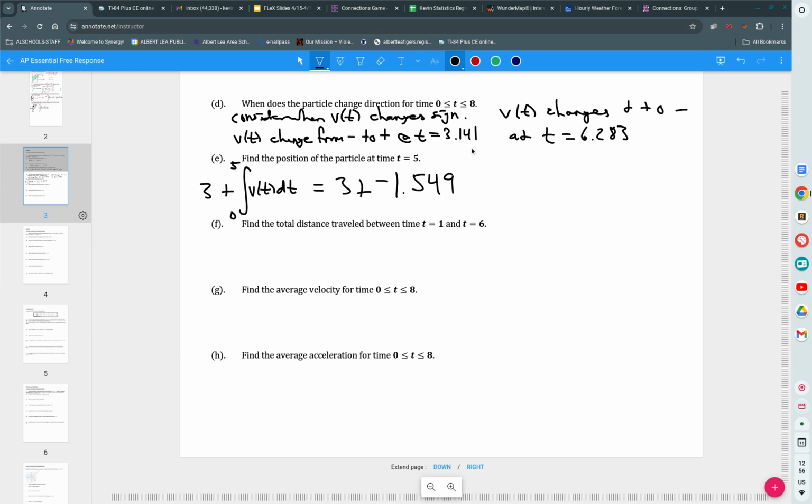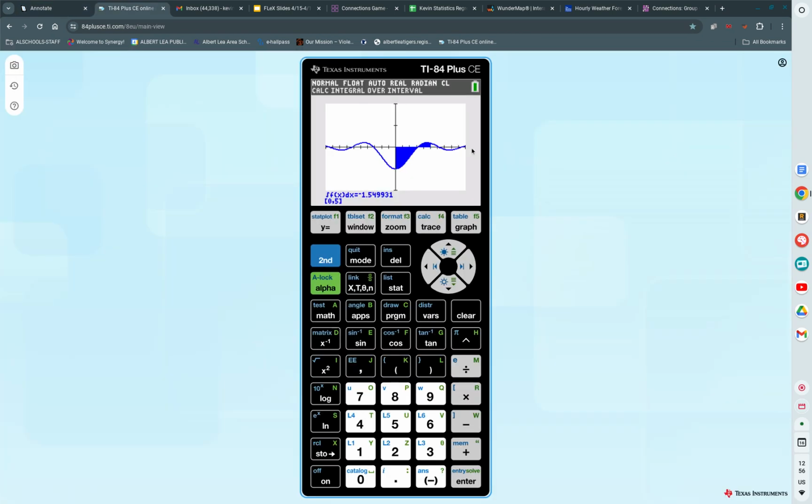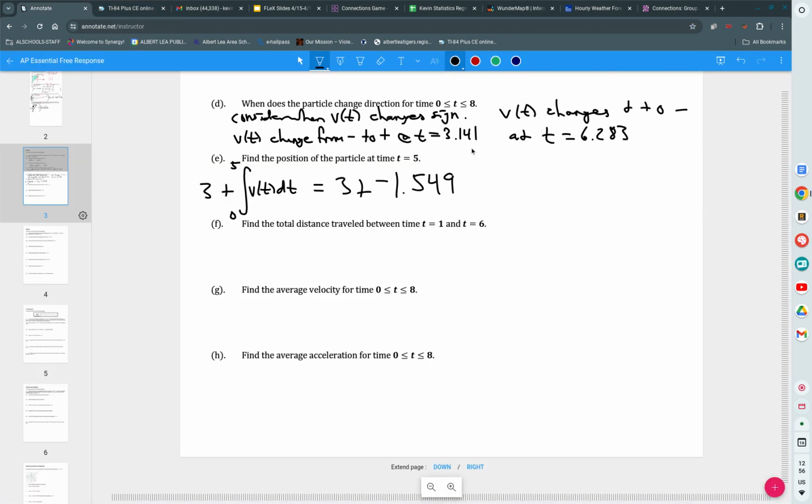So I'm going to take 3 plus negative 1.549. And I get 1.451. So it started at 3, and you're correct, it moved to the left from there.